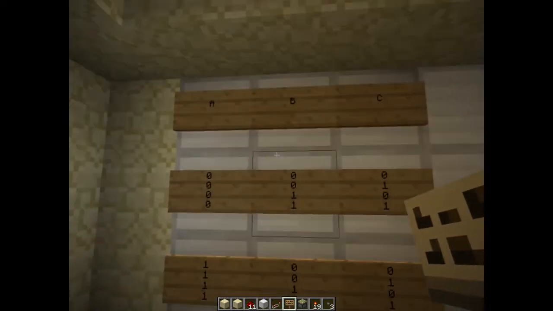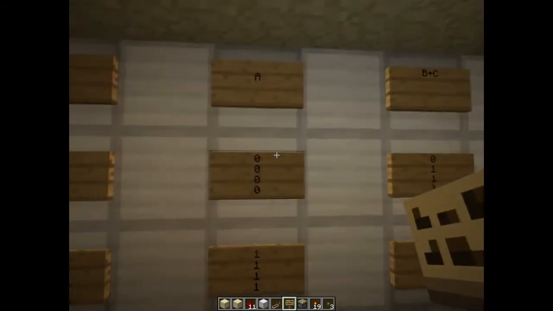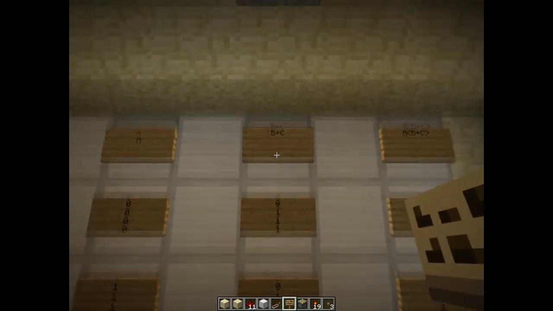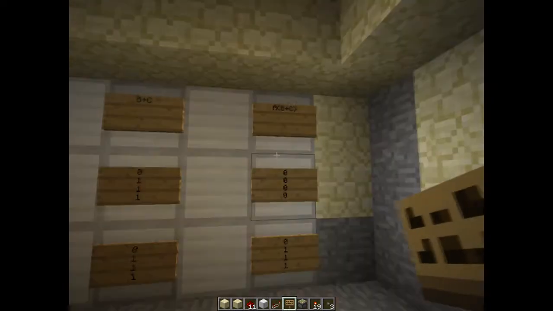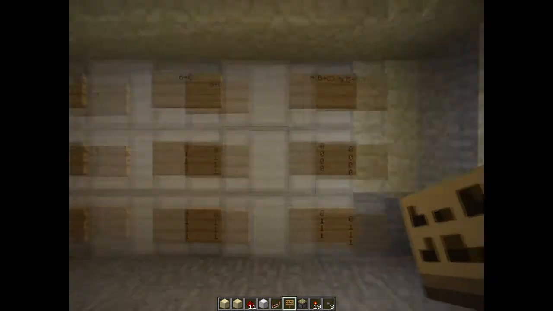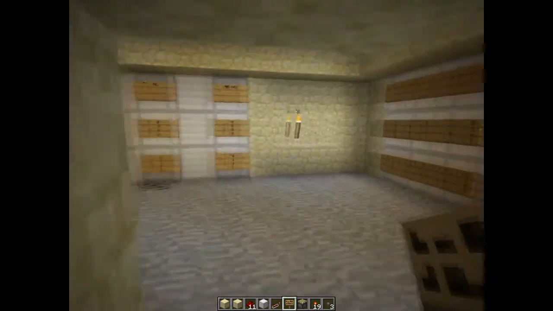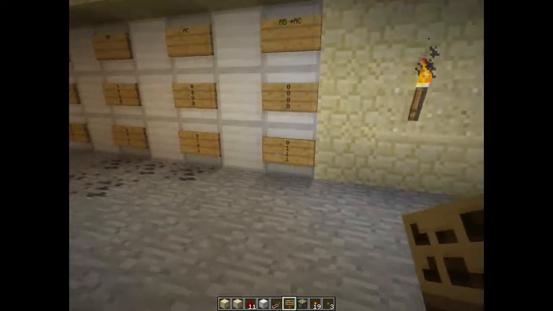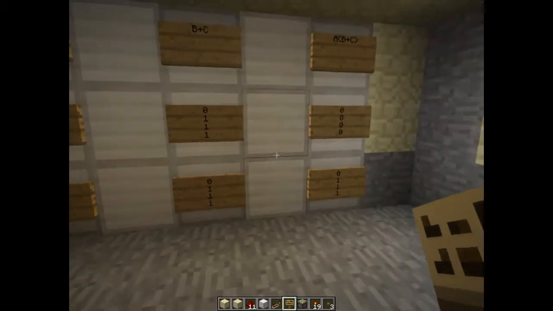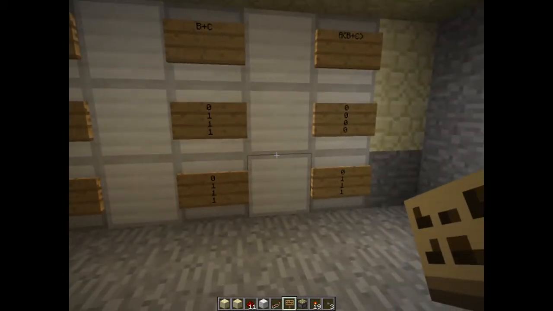And then we can go over here and do this truth table where we have our A and our B plus C, and then our A times B plus C here, and we will get this output. And you can see here that these are in fact equivalent. So just by doing that, we can actually say that our Boolean algebra holds.